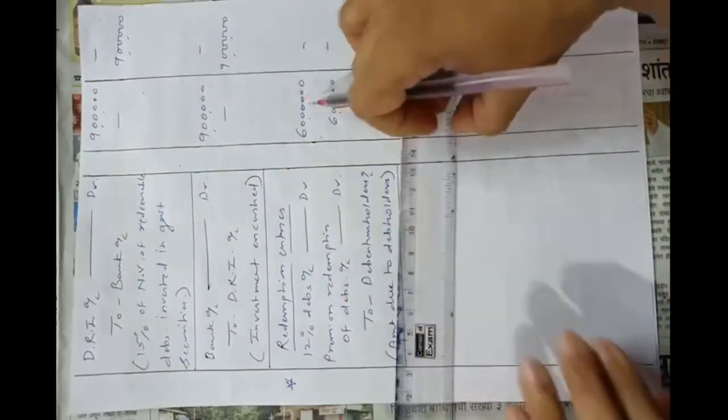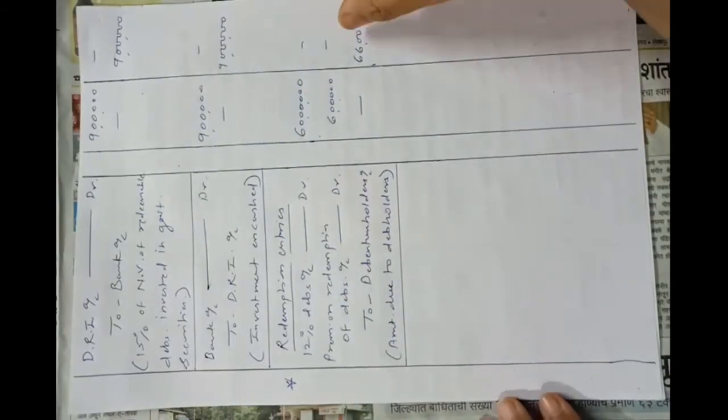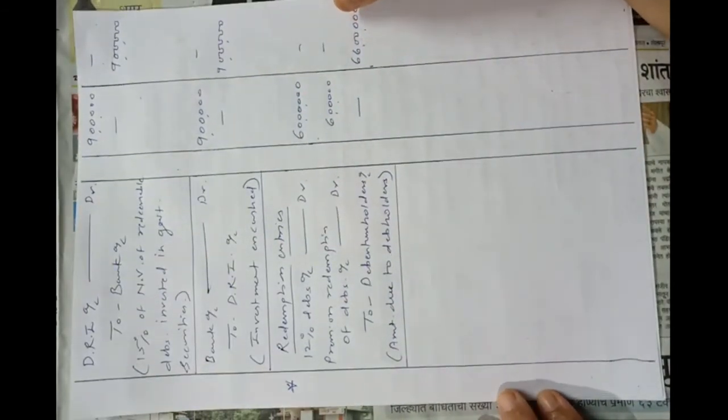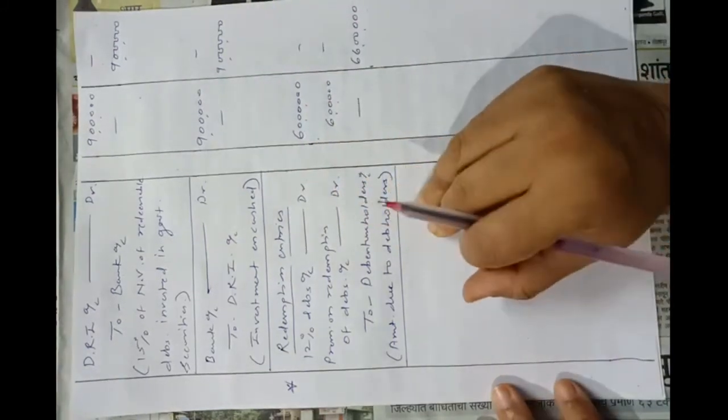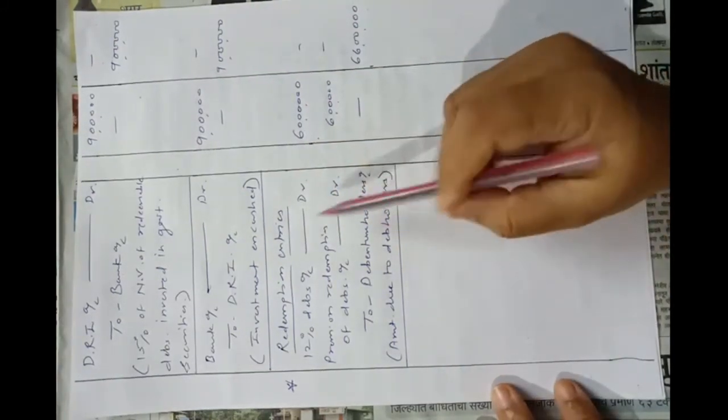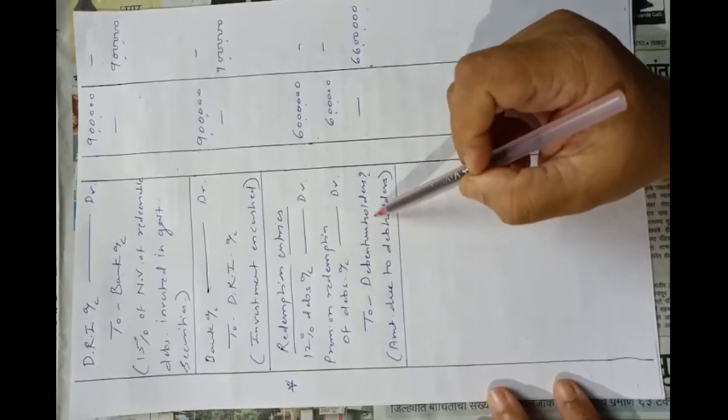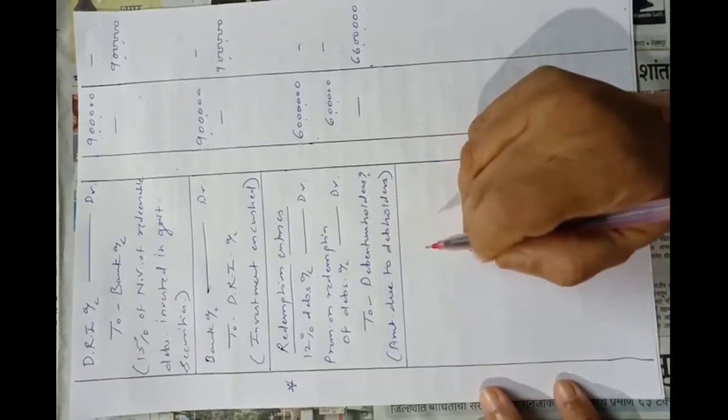In last case, those debentures were repayable at par. So the entry was debentures account debit to debenture holders account. In this entry, these debentures are repayable at premium. So this entry has been passed. Okay. Now entry of actual payment.